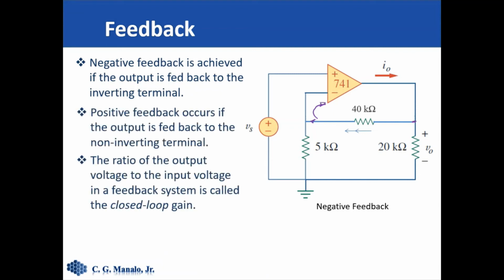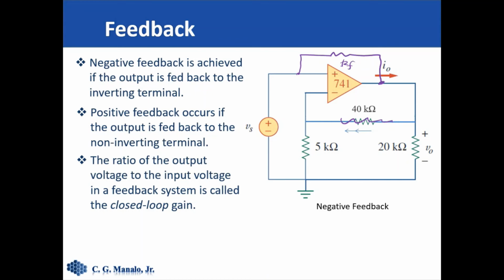We can also create a positive feedback if, for example, instead of connecting the output to the negative terminal of the input, we don't do this, but let's say we connect it like this. So we feed back some of the output to the non-inverting terminal of the op-amp, so that creates a positive feedback configuration.